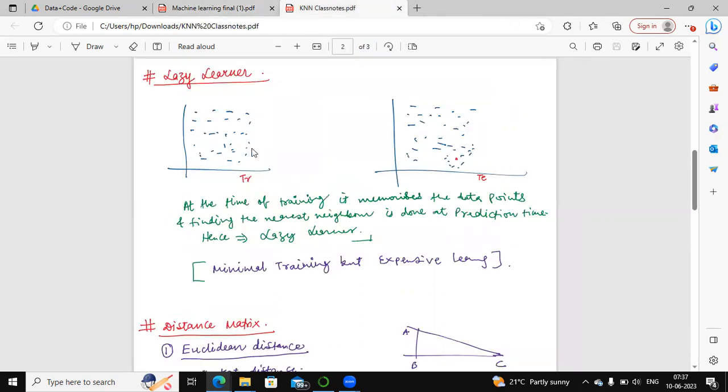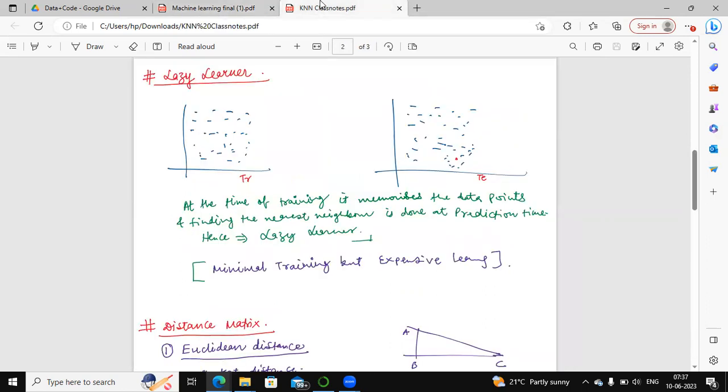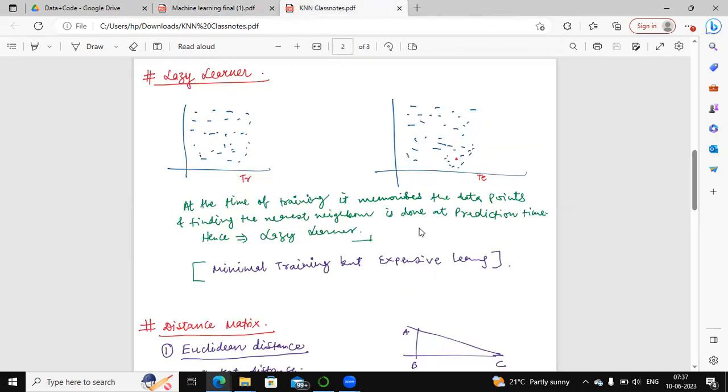So it has already memorized these points, and next you are telling it that this point lies here. So whatever points it has memorized, it will take some time to recall all the points where it is present, and during the evaluation time or the prediction time, it tries to find the correct class for your unknown quantity.